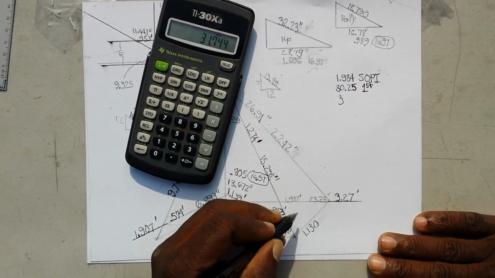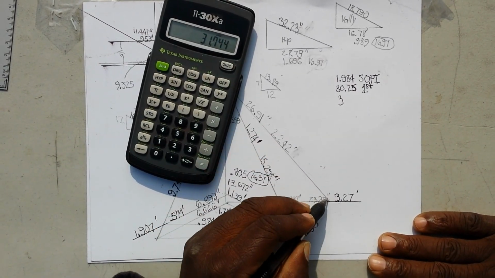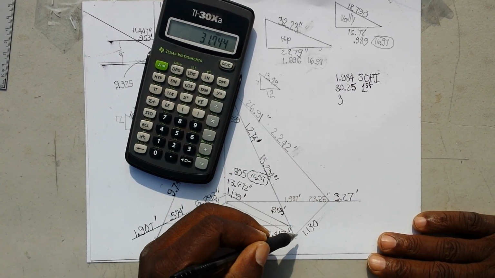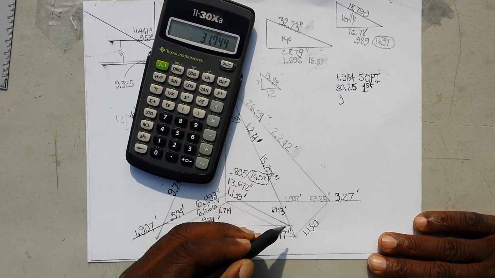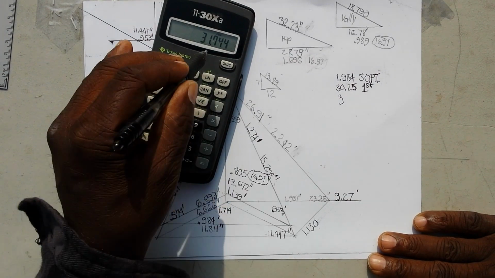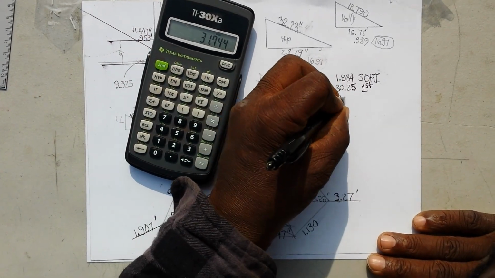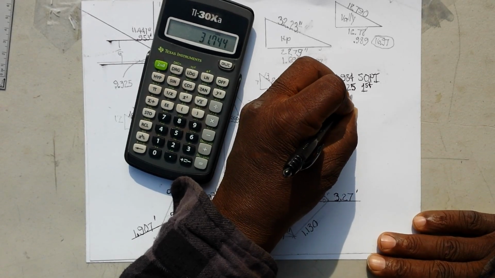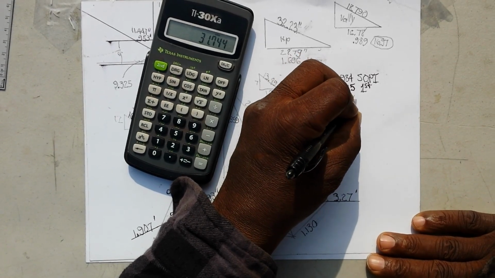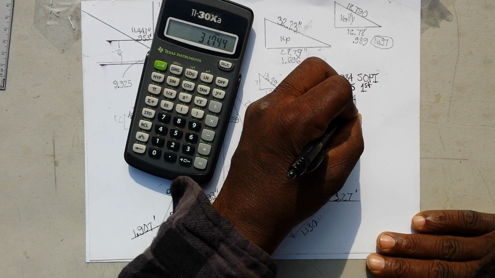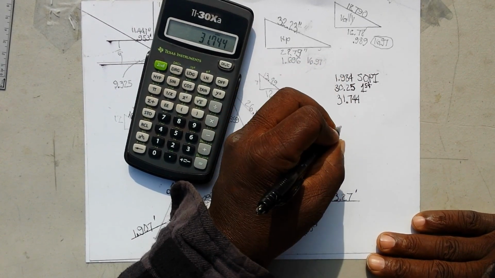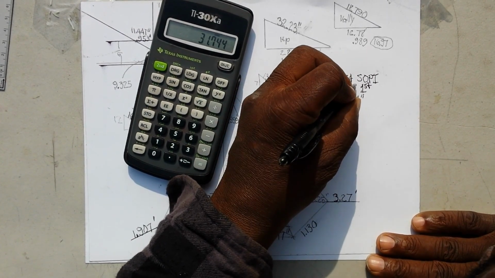But if you're coming from the king common to the hip, the rafter is going to be getting smaller, but it's still going to be 31.74. So we're going to put 31.744. We'll just go 3 places, and of course these are inches.